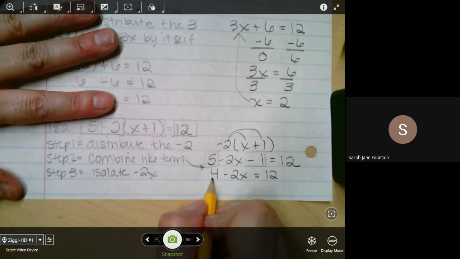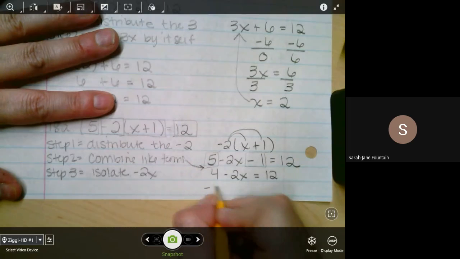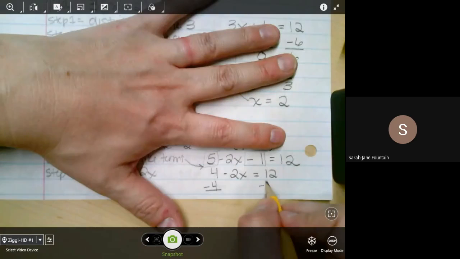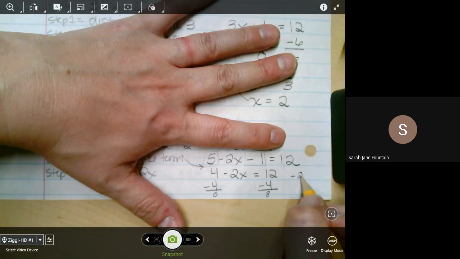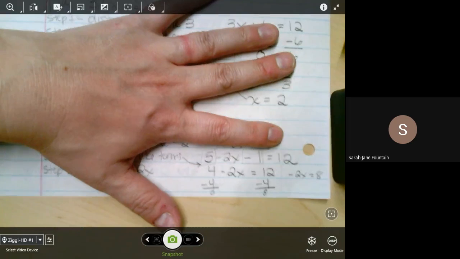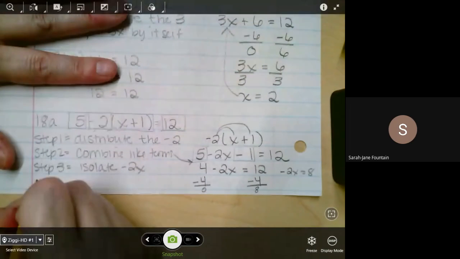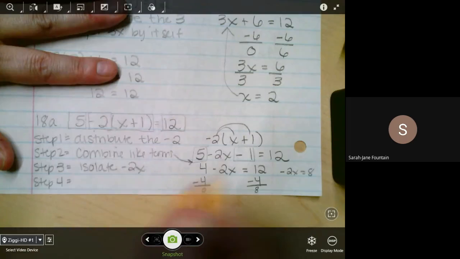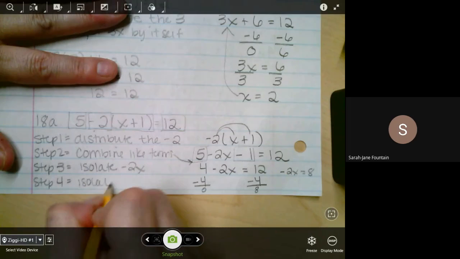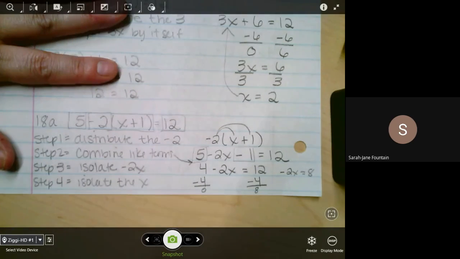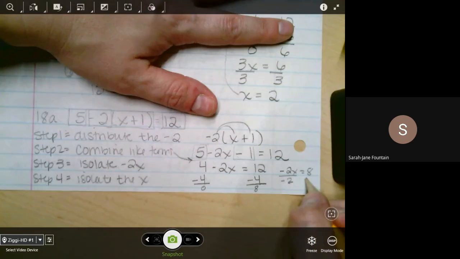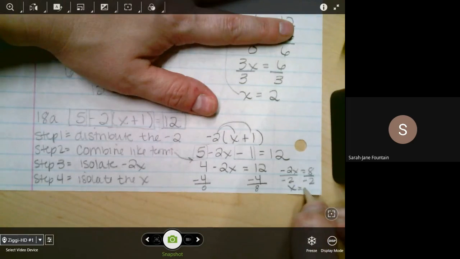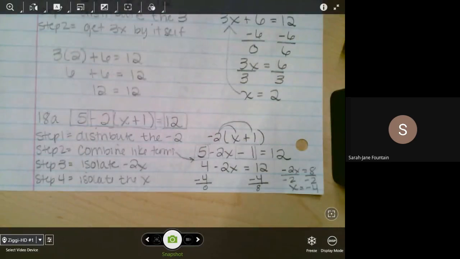If I have a plus 4 over here, I'm going to subtract 4 on both sides. So now I have negative 2x equaling 8. Now I'm going to isolate the x. I'm going to divide by negative 2. X is equal to negative 4.